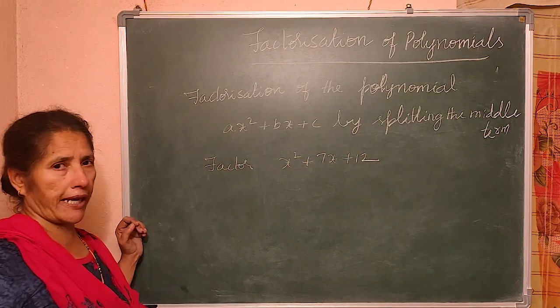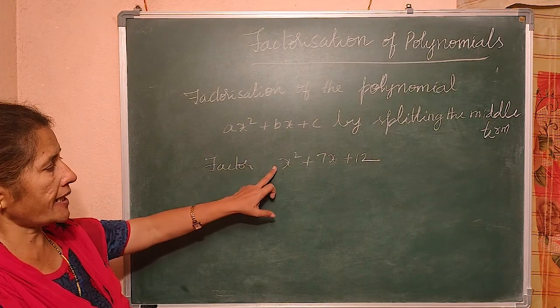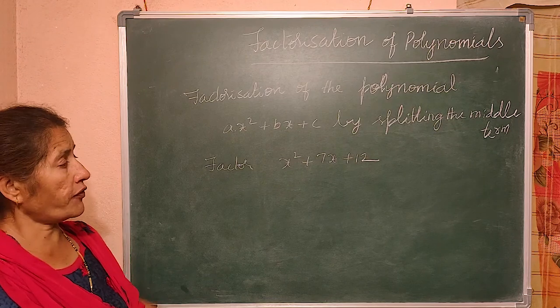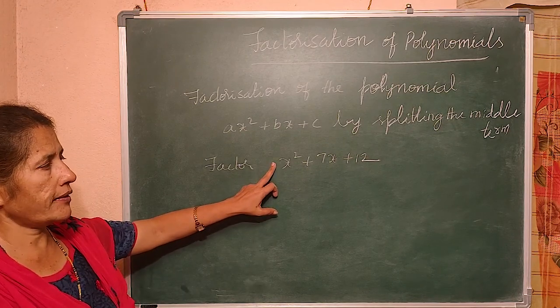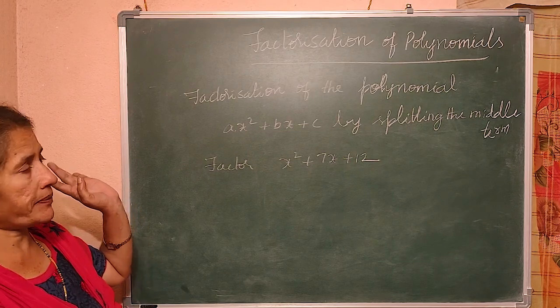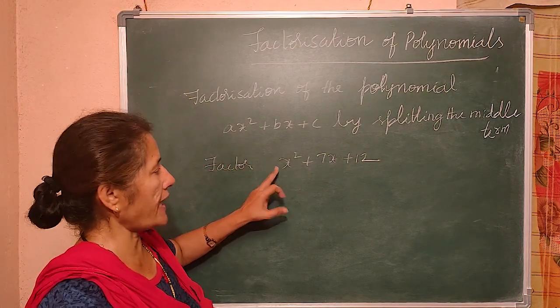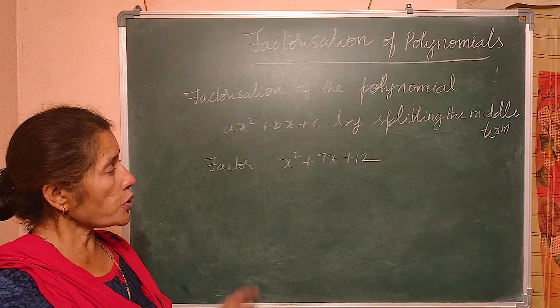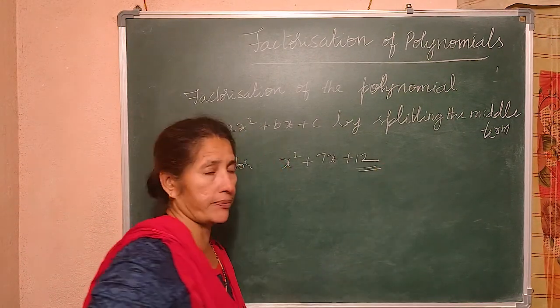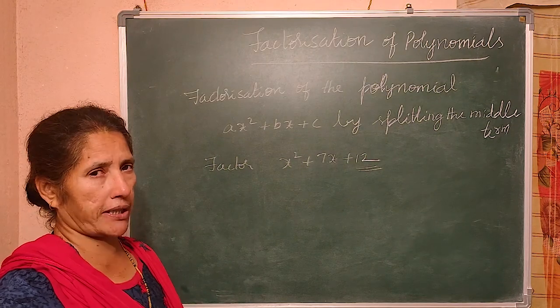What you have to do is, you see it is in the form of ax square plus bx plus c. If a is 1, the problem is simple. Here a is equal to 1, x square, right? So what you have to see is, the last term is constant. That should be the product.